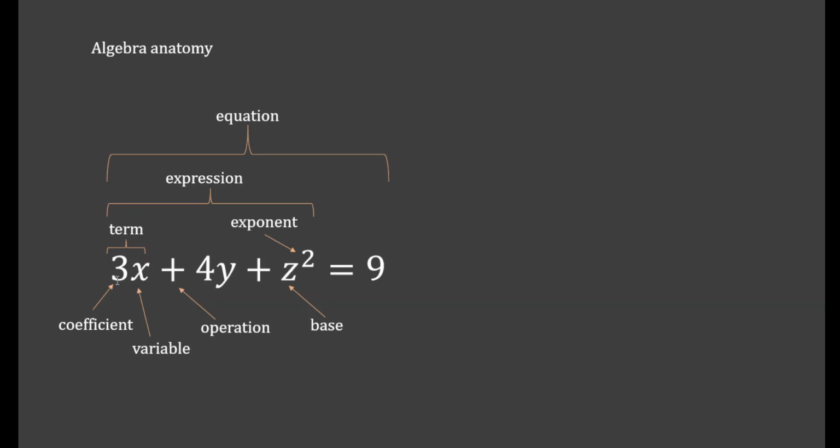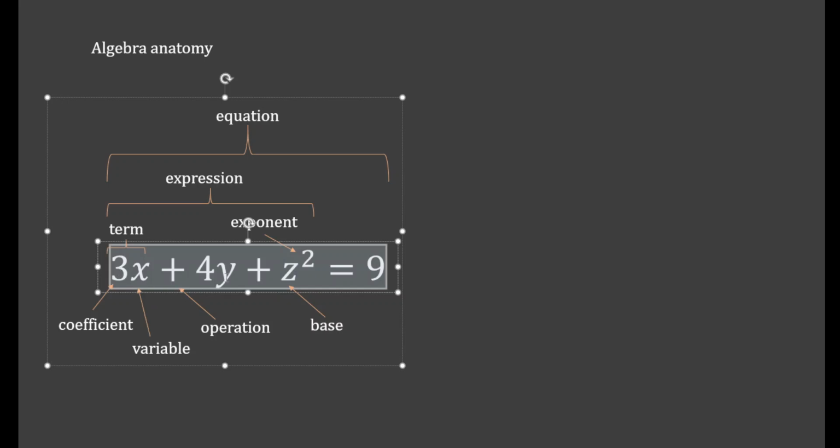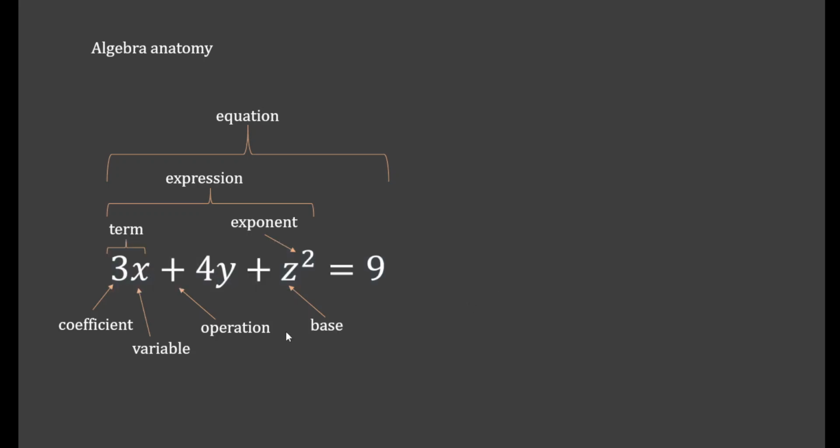Now, sometimes you would have a variable that does not have a number next to it. Sometimes you'll have a variable that does have a number next to it. The number is referred to as the coefficient. And this, together with the coefficient, is called a term. So in algebra, we may have an expression, which is everything on the left side of the equation.